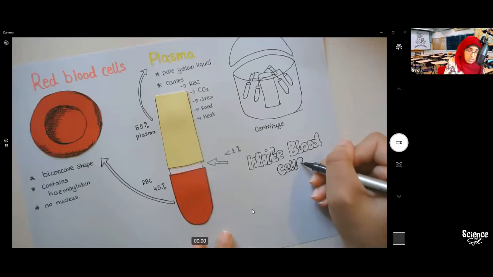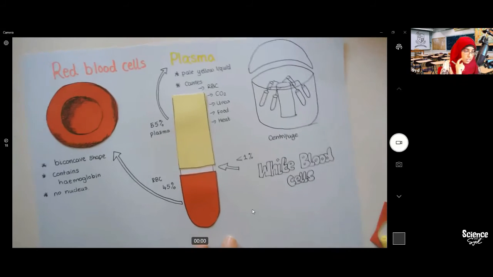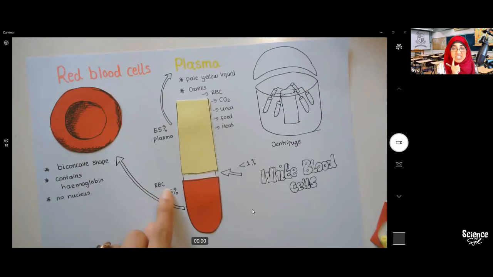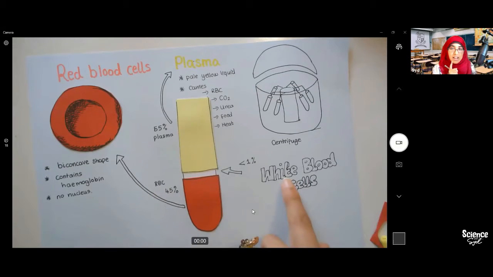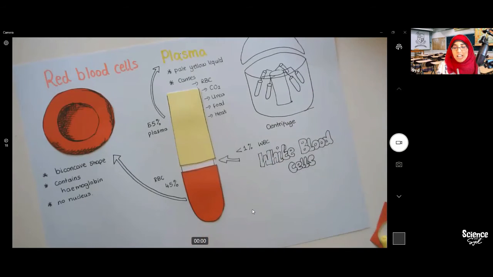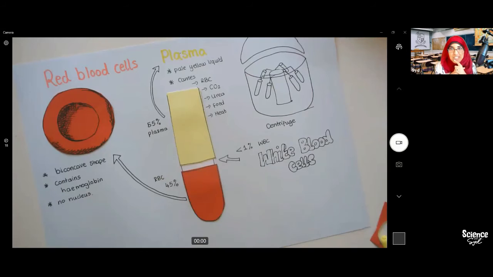So red blood cells get shortened to RBC. White blood cells get shortened to WBC. Because, come on, scientists are a bit lazy, like mathematicians. They don't like writing the entire word, so they shorten things down. So we have white blood cells in this little white area, and we have one other thing. Well done, Kimmy.